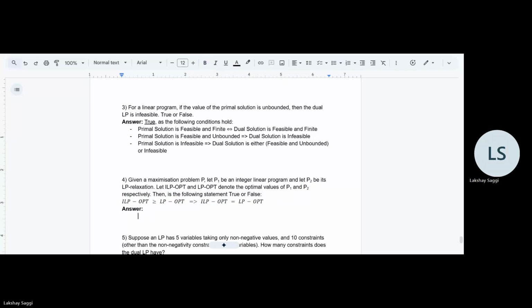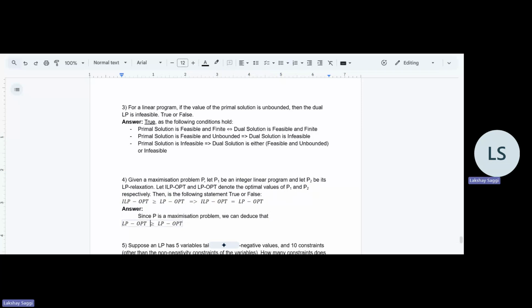P is a maximization problem, so we can deduce that LP opt will be greater than or equal to ILP opt.